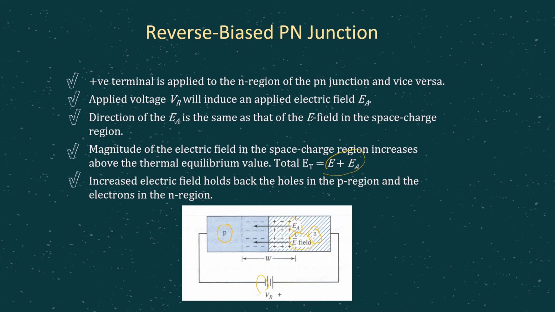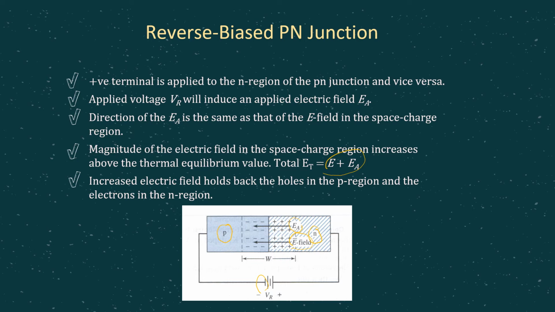This increased electric field introduces additional force to our holes and electrons to stay away from the region, not to cross the region, because remember the electric field acts as a force to stop the diffusion.